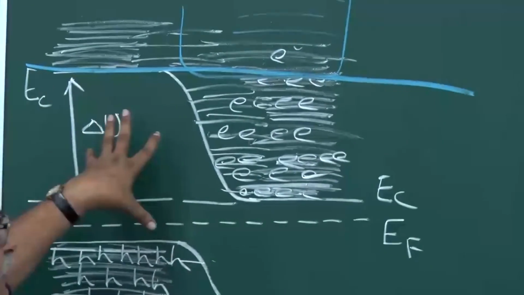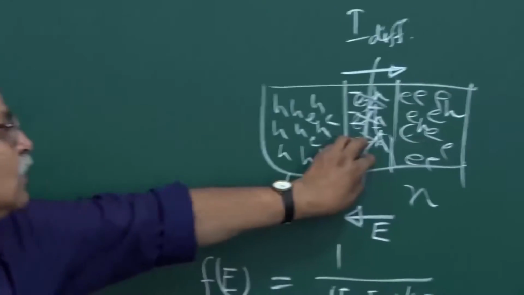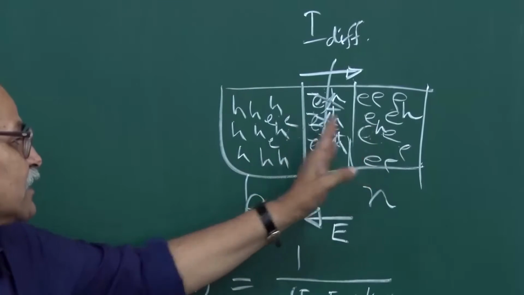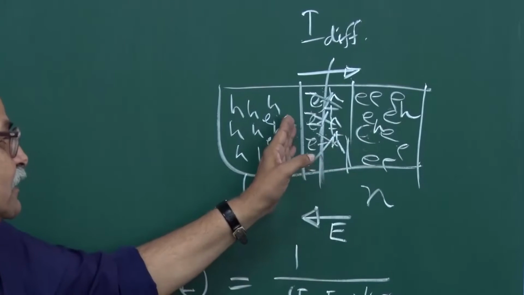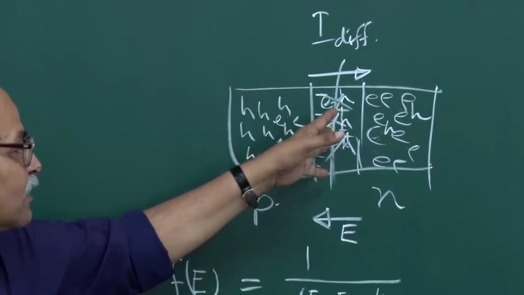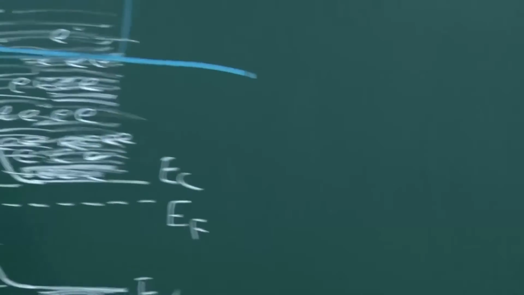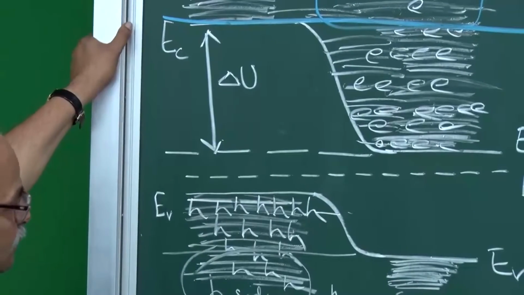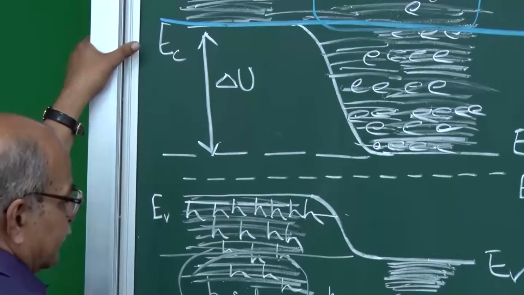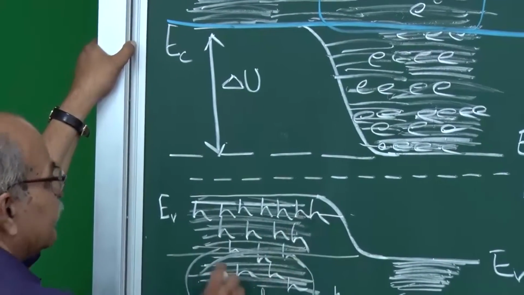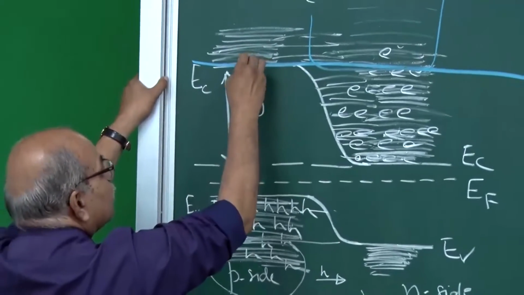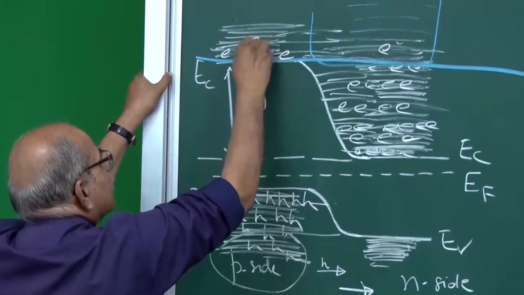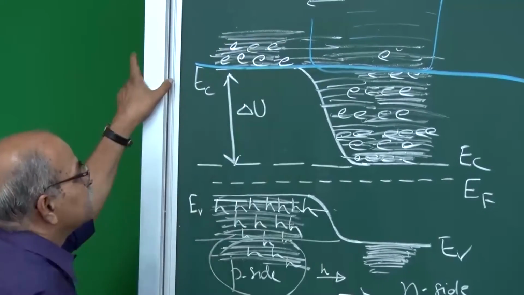If there are minority carriers in the depletion region or close to it, let us say these are generated somewhere here, then they diffuse into the depletion layer and then this electric field takes over. This is the p side, so a lot of holes are here and some electrons are there, and where are they sitting? These electrons are sitting in the conduction band, right?